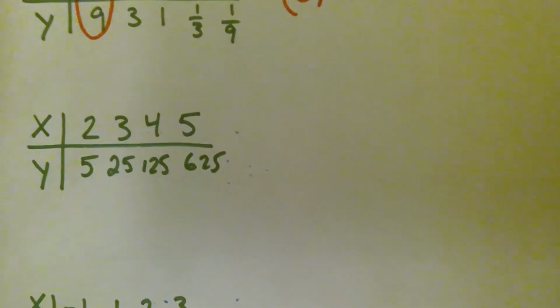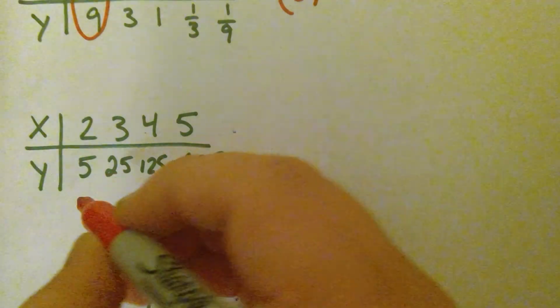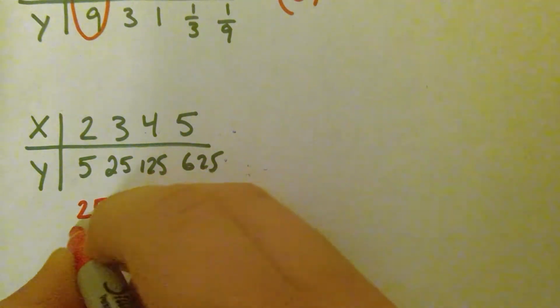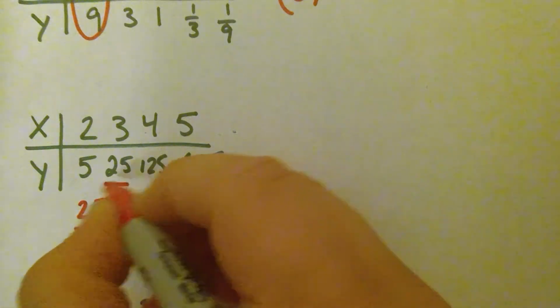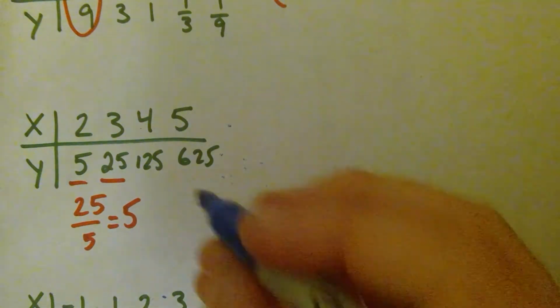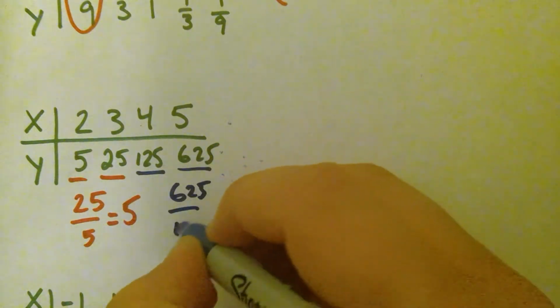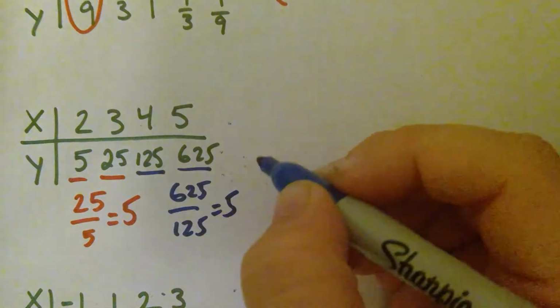Let's take a look at this next table. I see a problem here because we don't have 0 in our x values. So that means that we need to do a couple things. We need to figure out what our common ratio is. So our common ratio: 25 over 5 is 5, and then 625 over 125 equals 5.